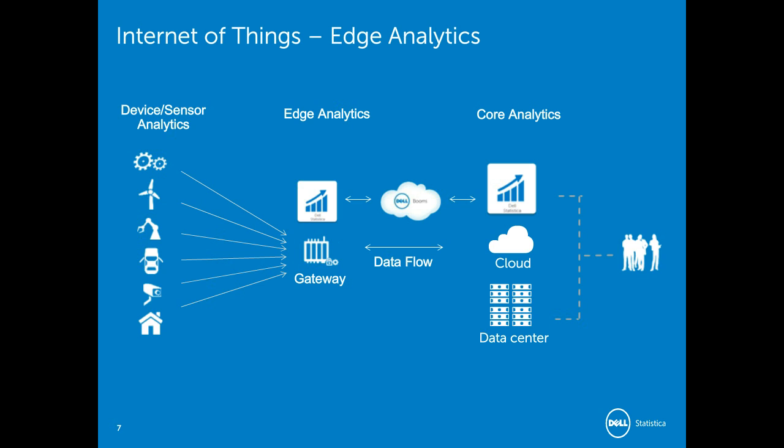So we would execute analytics on the gateway or close to the gateway. We have the ability to execute the analytics on the gateway, taking in the raw data and only transporting the aggregated or calculated results back to the data center for further core analytics on the data.